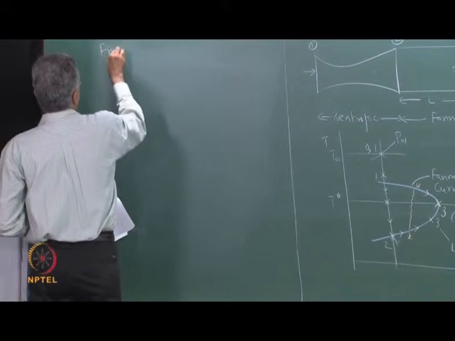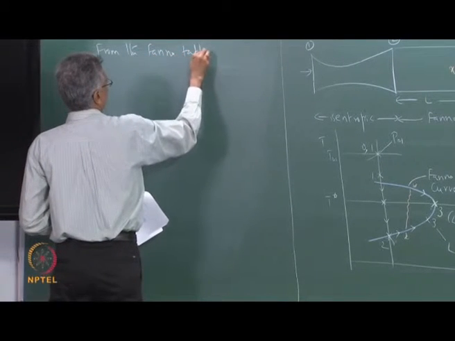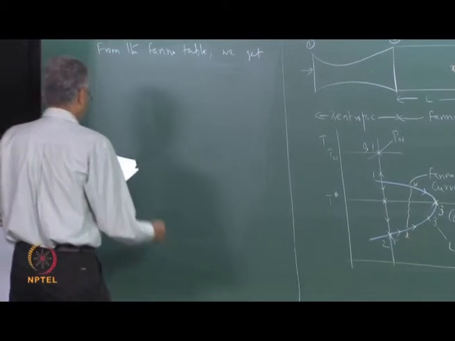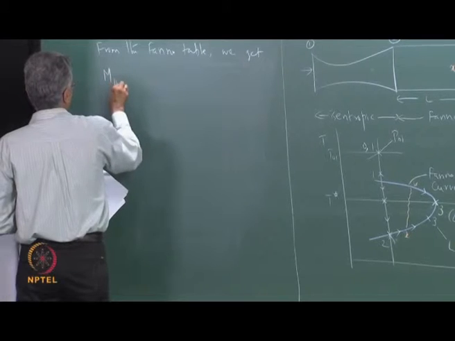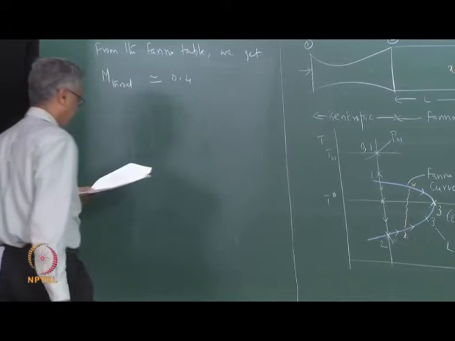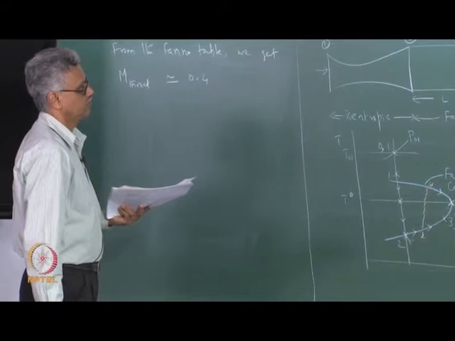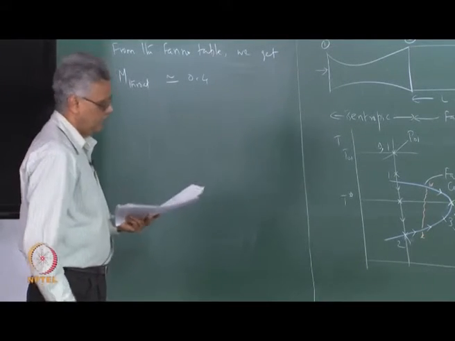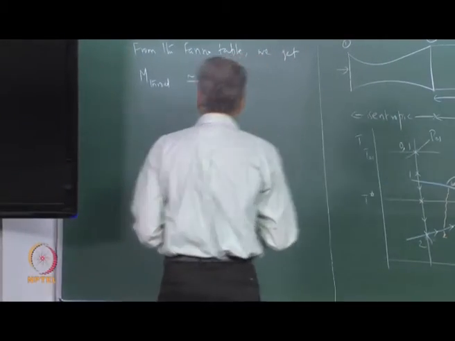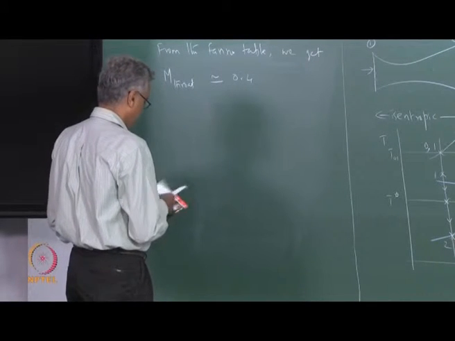So from the Fano table, for this value of F L star over D, we get M throat to be approximately 0.4. And we also get P0 over P star from the Fano table.